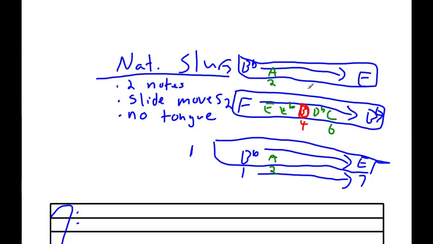But tonguing everything in the beginning stages is probably the smartest way to go. Tongue everything and then introduce lip slurs, and then later introduce natural slurs.